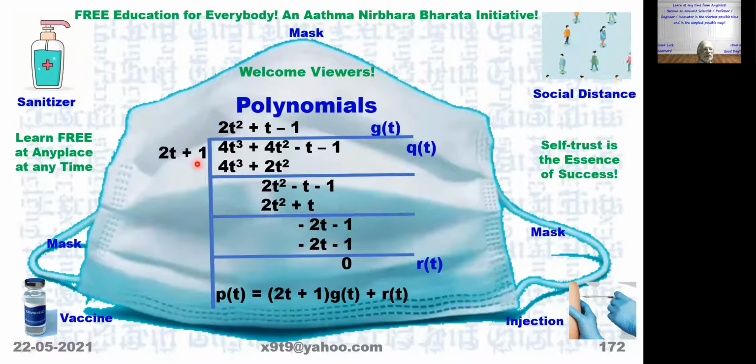Now, to carry out the division, we have to look at the first term in the dividend. This is 4t cube. Just think about what term we have to multiply by 2t so that we get 4t cube. That is 2t square, so that 2t square into 2t will become 4t cube.